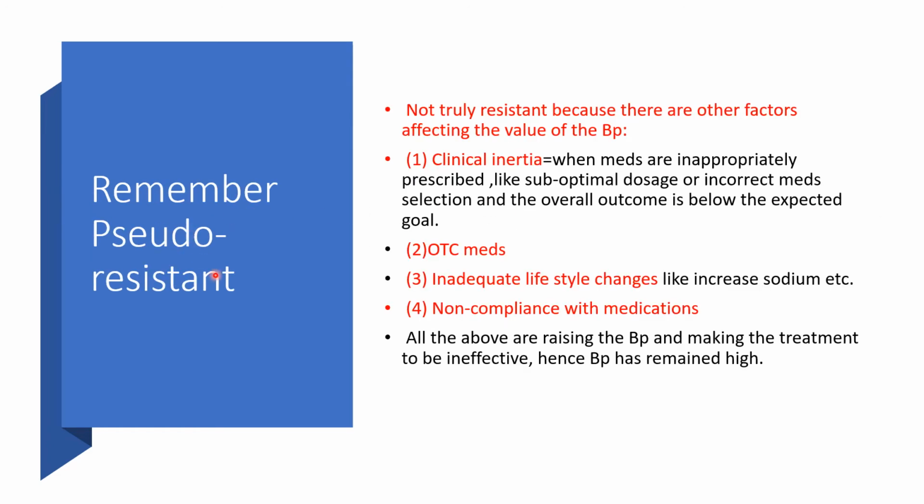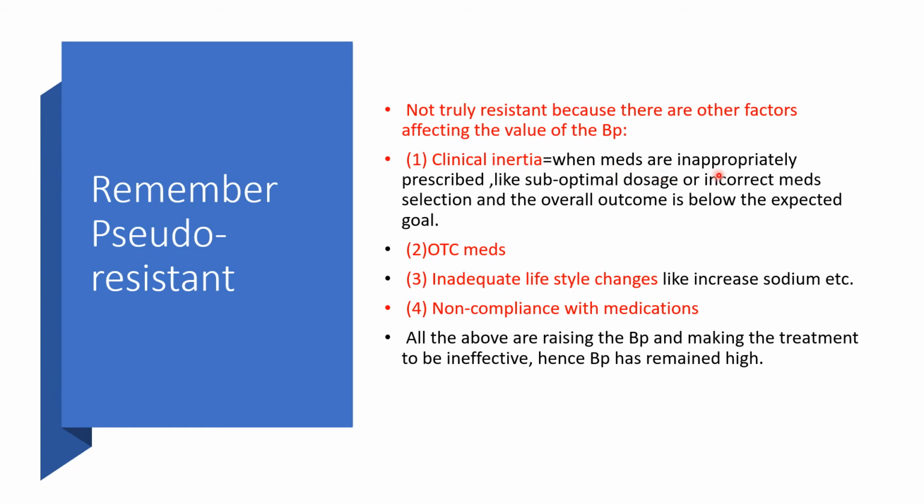Now, remember pseudo-resistant conditions, meaning this is not truly resistant hypertension per se, because there are other confounding factors affecting the value of the blood pressure. 1. Clinical inertia. What we want to find out is that it's not that the BP is resisting the interventions, it's because some things are actually wrong.